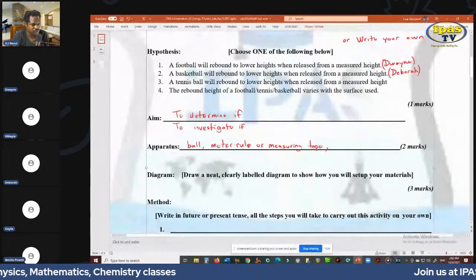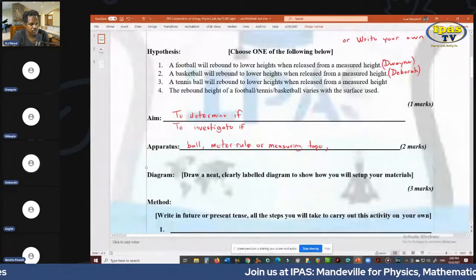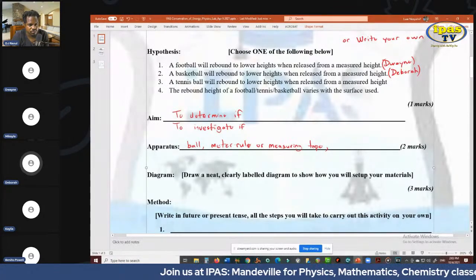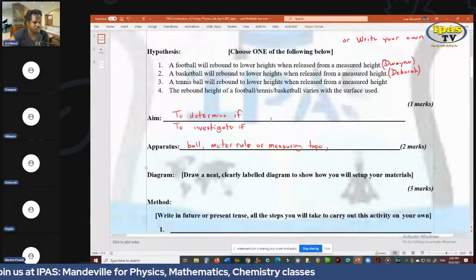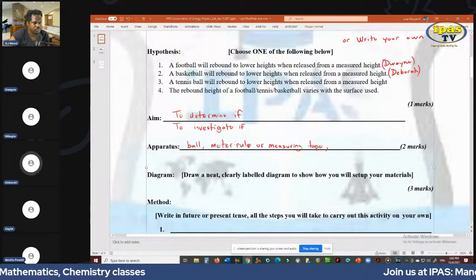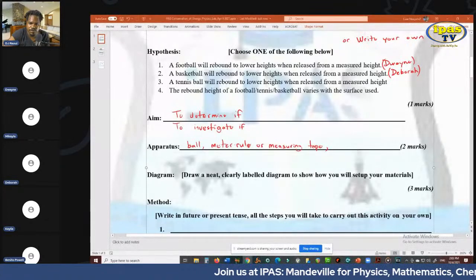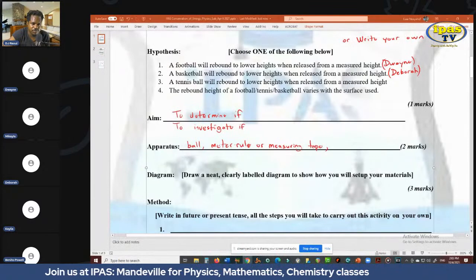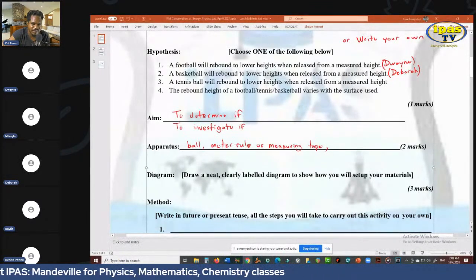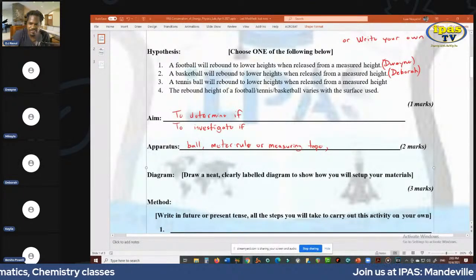I think when you use a marker or something, when the ball bounces back up, you catch it wherever it bounces to before it goes back down, and you mark it on the ruler or something with a marker. All right. So you're going to estimate where it bounces to then? I guess. Yeah.